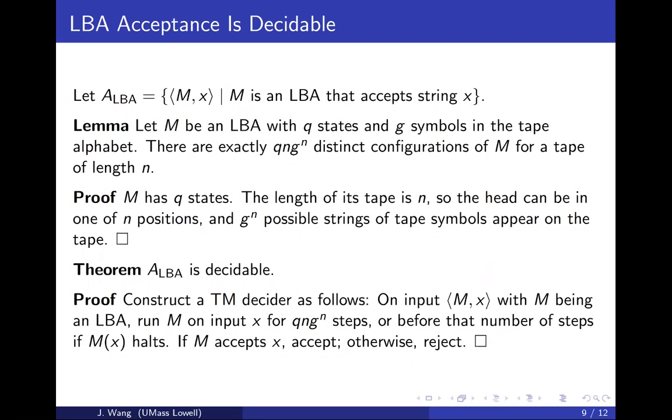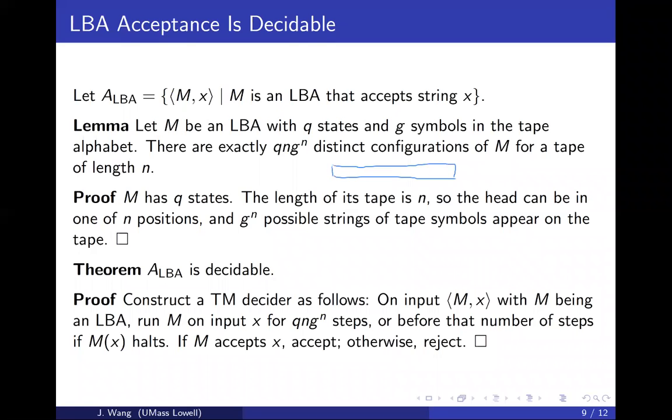First, let's look at this lemma. Let M be an LBA with q states and g symbols in the tape alphabet. Then there are exactly q times n times g to the n distinct configurations of M for a tape of length n.